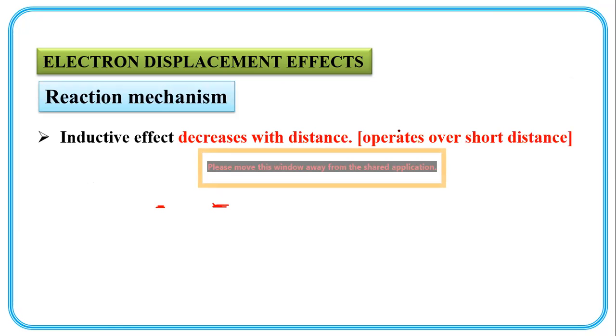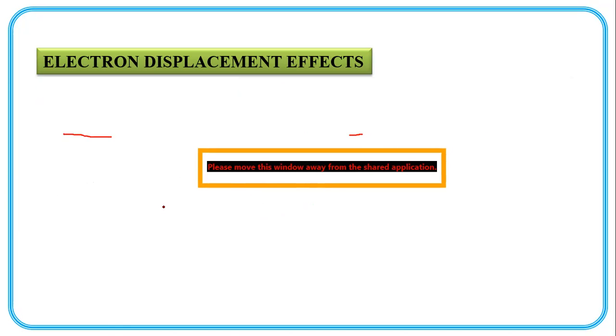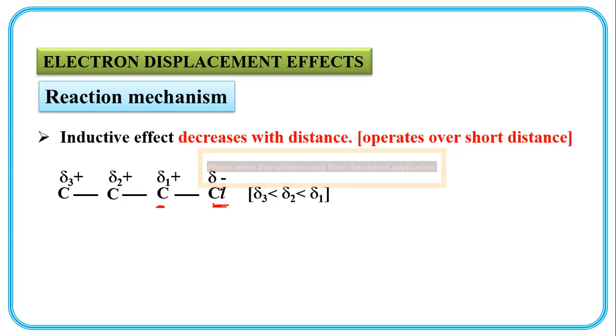Inductive effect decreases with distance, or operates over a short distance. For example, here CH3, CH2, CH2, Cl. In the first bond, the C-Cl bond, chlorine is more electronegative than carbon.